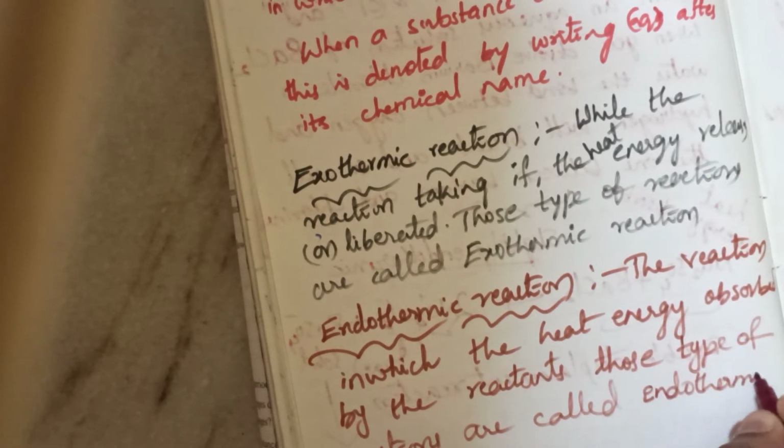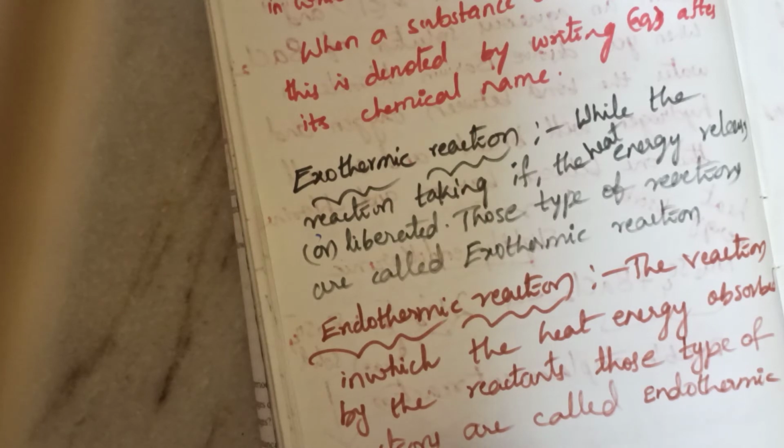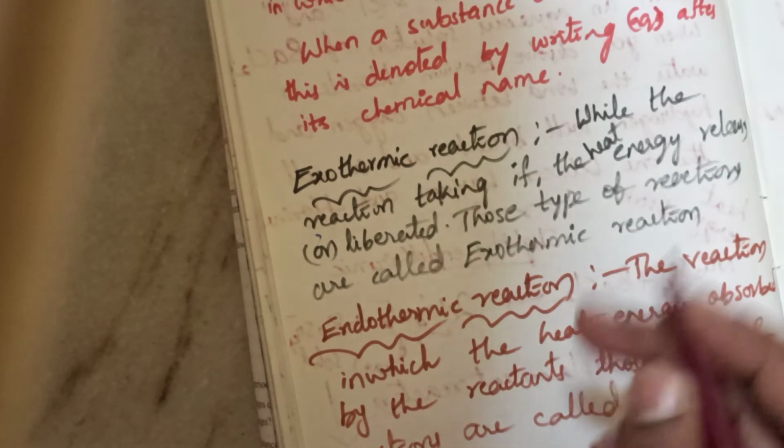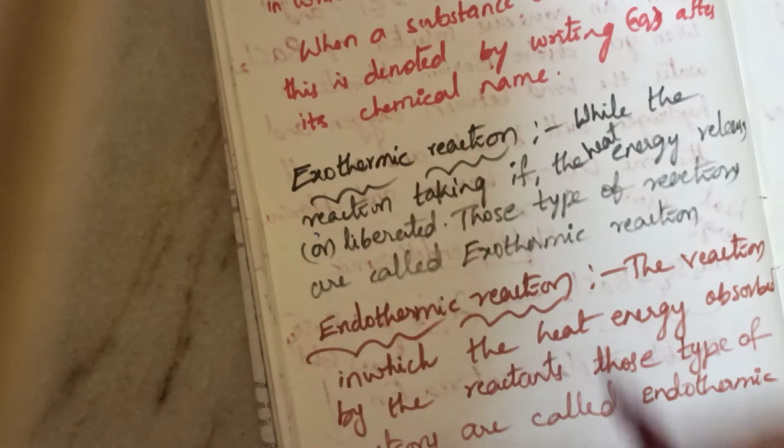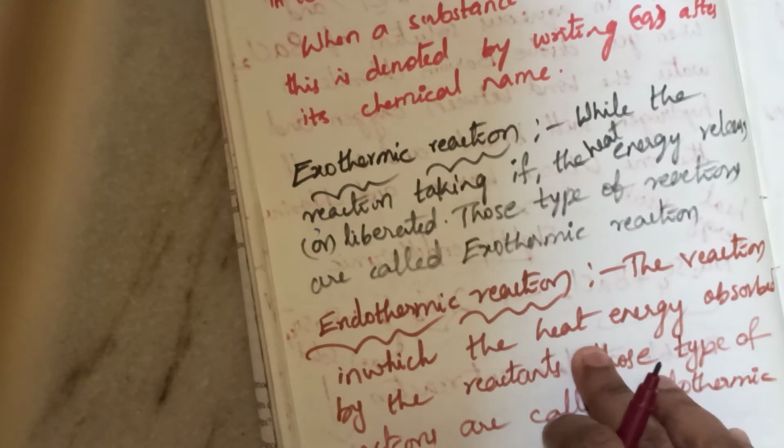I think you got the idea, children. The reactions in which heat energy is liberated or released are called exothermic, and the reactions in which heat energy is absorbed by the reactants are called endothermic reactions.